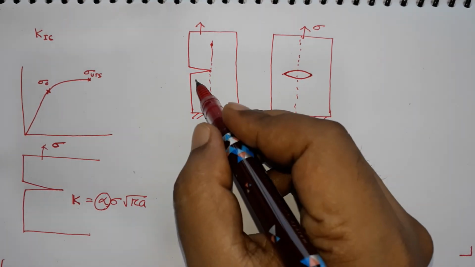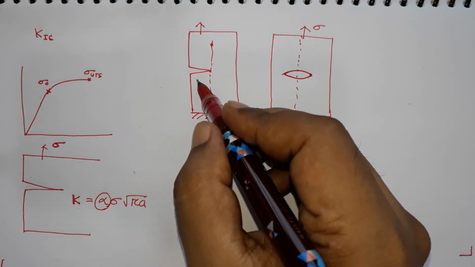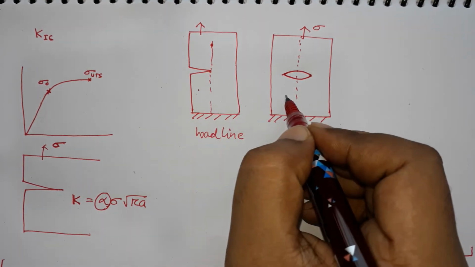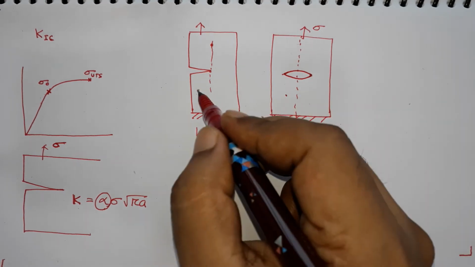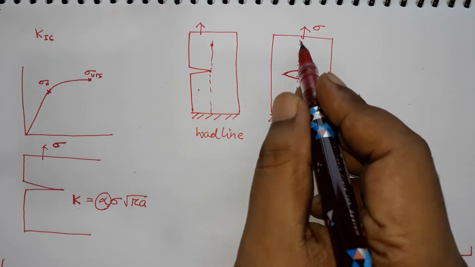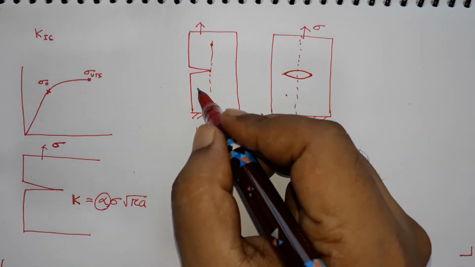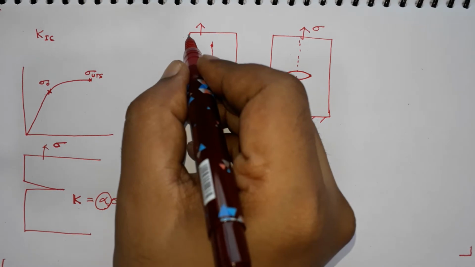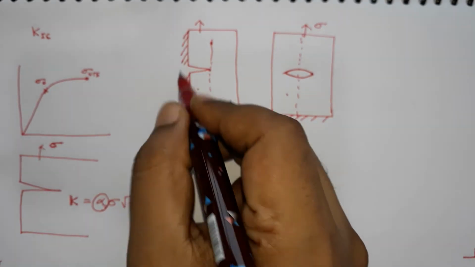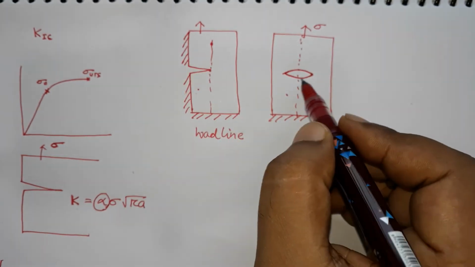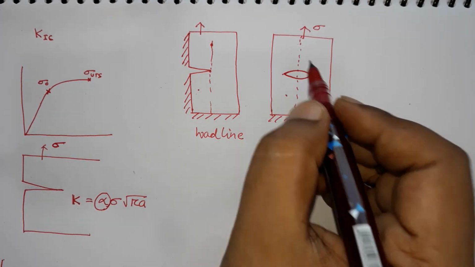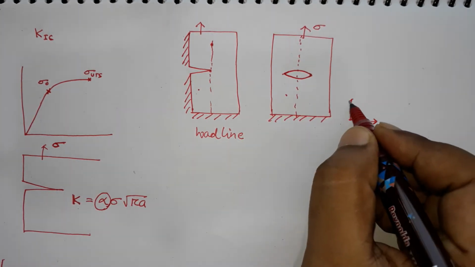So, the right part is equivalent to this one, but is it? Do you have any difference between this condition and that condition? If you take half of it, is that exactly equal to this or not? The answer is that the right part of this is not equal to that, because in this case on this surface you do not have any constraint. So, this surface is free, but in this case along this hypothetical line you have a constraint, and that constraint is the symmetry constraint.